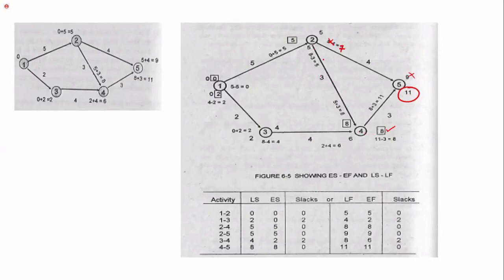So we have 5 and 7. In the backward pass, 5 governs. For activity 3 to 4, that would be 8 minus 4, so we have 4. Then 5 minus 5 is 0. For this one, 4 minus 2, so 2 is our late start.